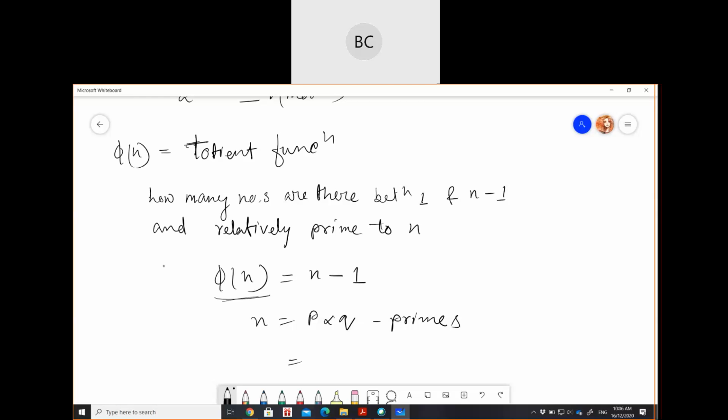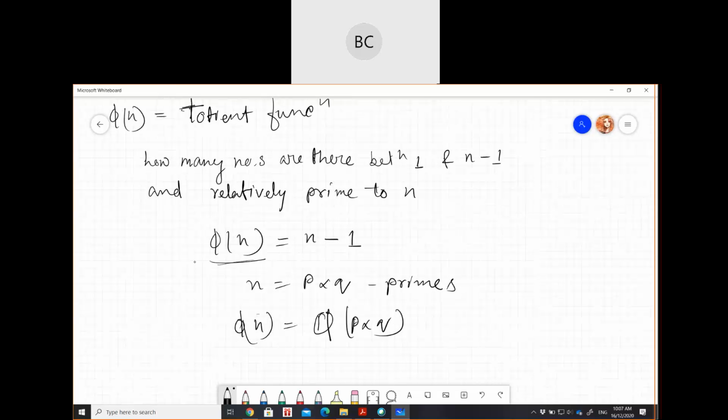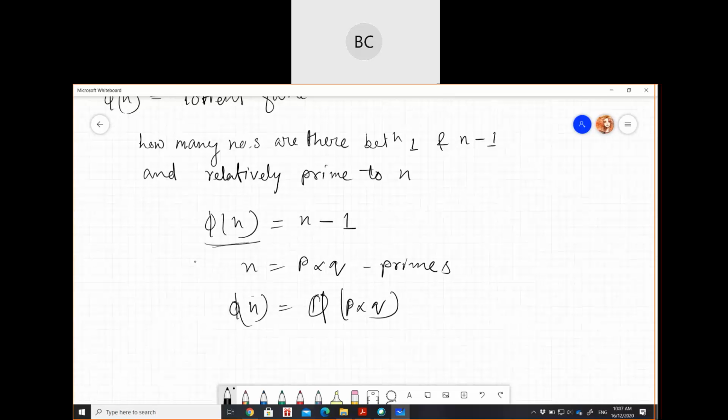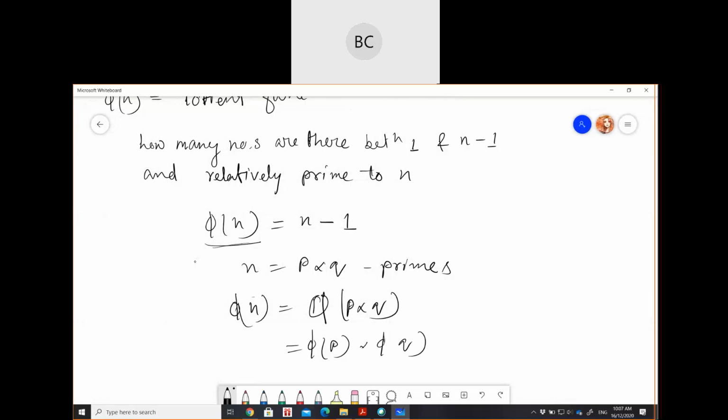So phi of p into q is phi p times phi q, which we can write as p minus 1 and q minus 1. I showed with an example how this becomes p minus 1 and q minus 1 in the last class.